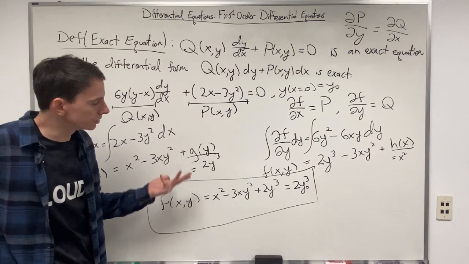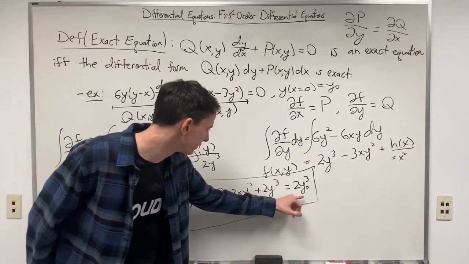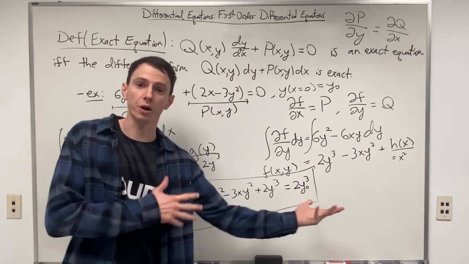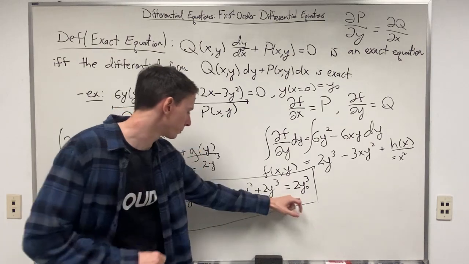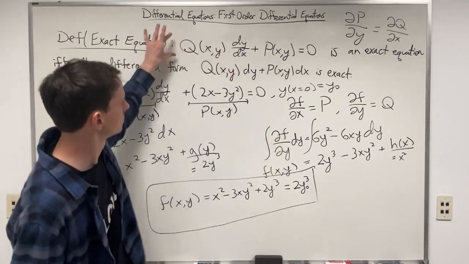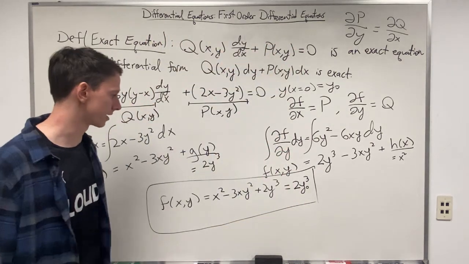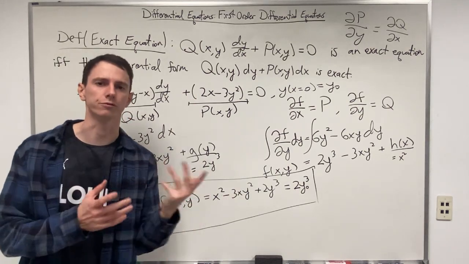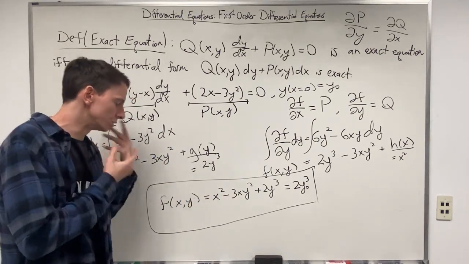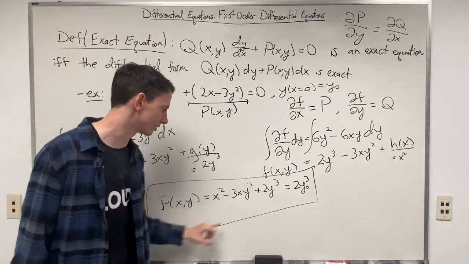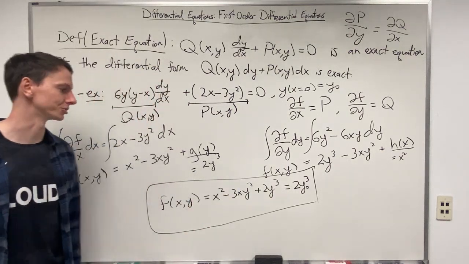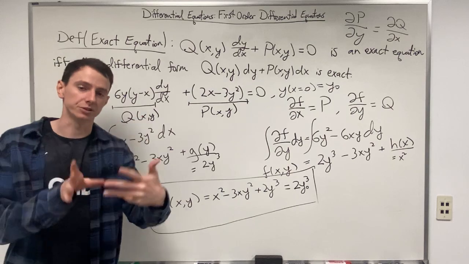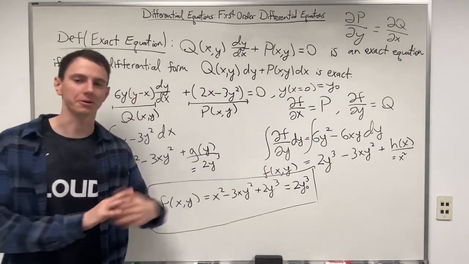But what you can do is say that this equation right here is an equation that, if you were to plug this back in to here, you would get that the equation was valid if you were able to somehow solve for y. So usually what happens is people leave the equation at this point and say this is the solution, even though it's not in the explicit form y of x equals something.